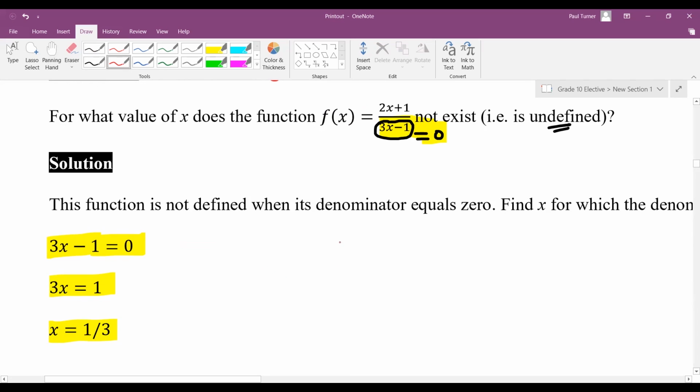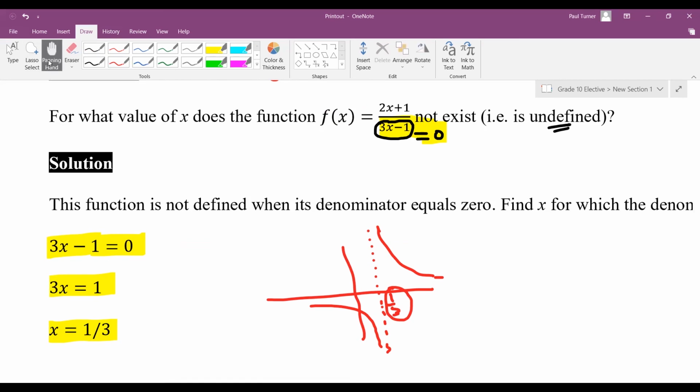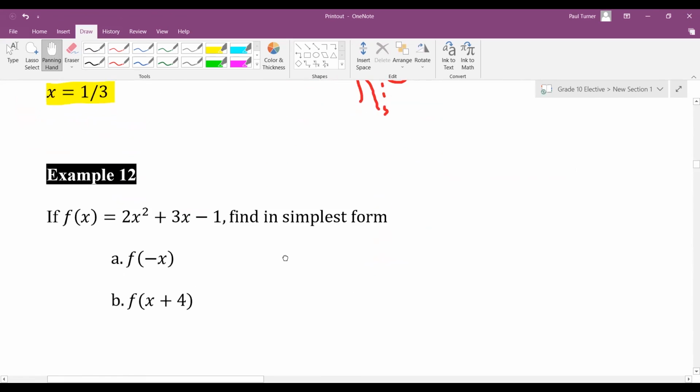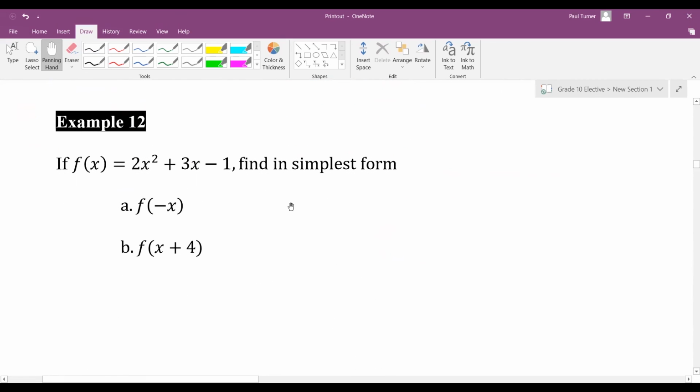I can show you quickly maybe what that looks like. So 1/3 is here. Don't worry if you don't understand yet. The graph will look something like this, maybe. So your graph is broken at this x value. And when we start graphing more, we'll see what's going on there a bit more. So don't worry about it at this time. But that's what it means.